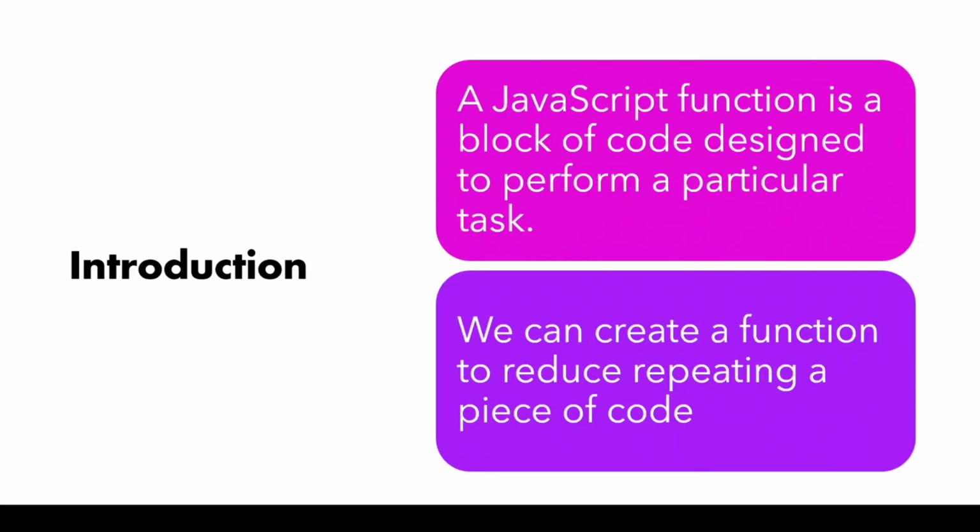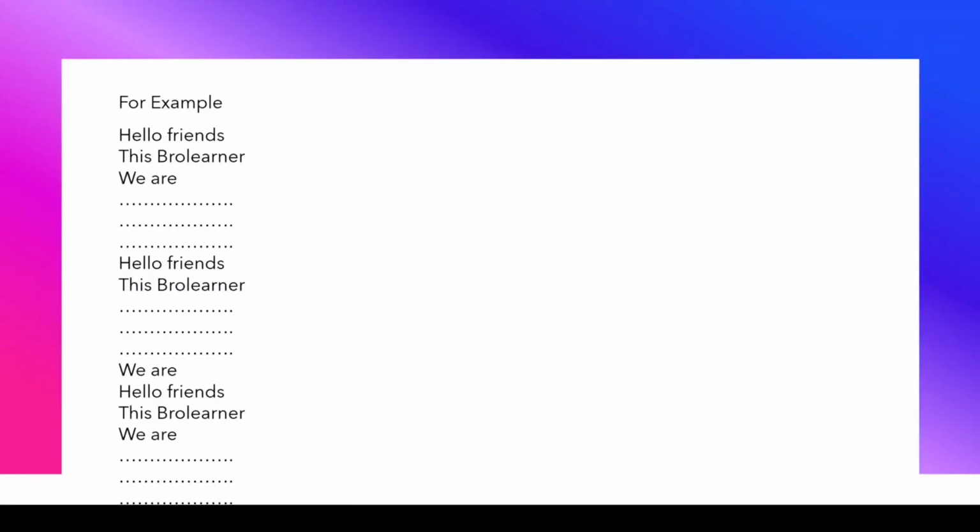We can create a function to reduce repeating a piece of code. For example, here we have a random text: hello friend, this is Bro Learner. We are here to help you. If we want to print this again and again after some piece of code, we can just copy and paste it here, then we have some code, then paste here again.